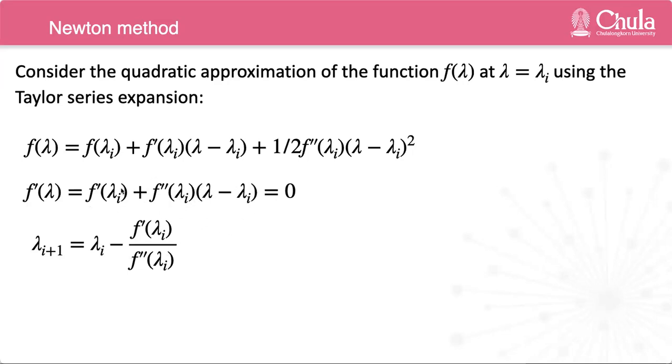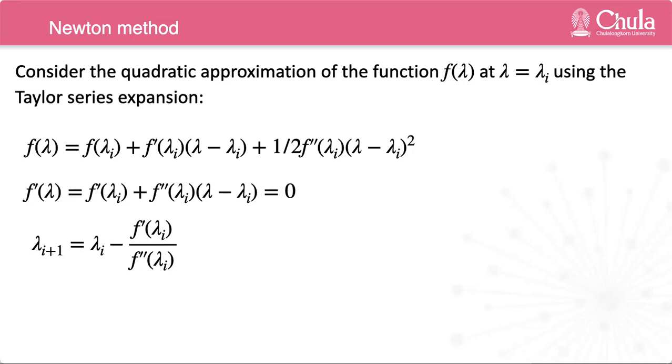From this, you rearrange just this expression and you obtain lambda I plus 1. The next step becomes lambda I subtracted by the ratio of f prime lambda I over f double prime lambda I. So if you start from any trial point and you evaluate that lambda I, subtract the ratio of the derivative and second order derivative at that point, you get a new point.